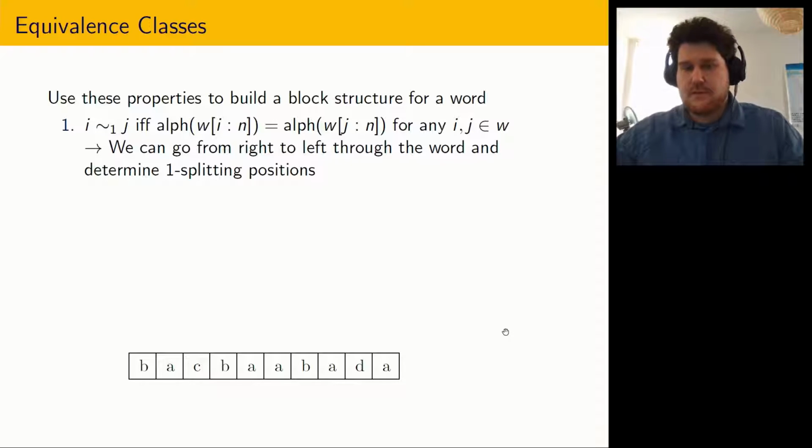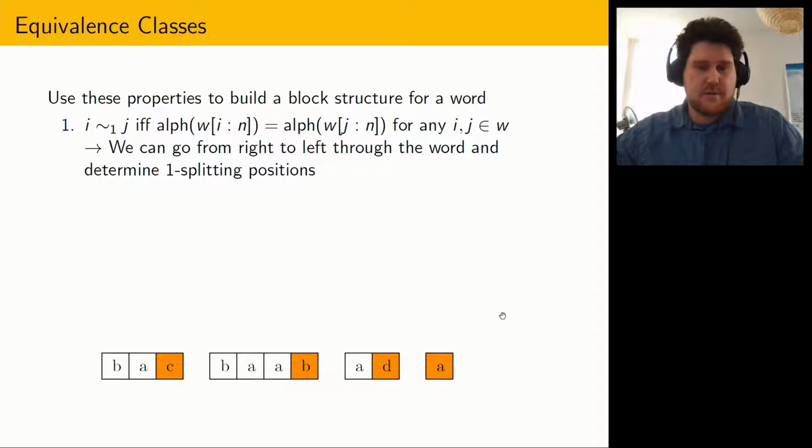We will go through this word right to left, and whenever we find a letter we haven't seen before, we will mark it as a splitting position. This begins with the A on the rightmost position, and then we continue with the D. The A on the next position, well, we have seen that before, so we skip it, but the B is also a new letter. Then the last letter we will find will be the C on position 3. So these are all our one splitting positions.